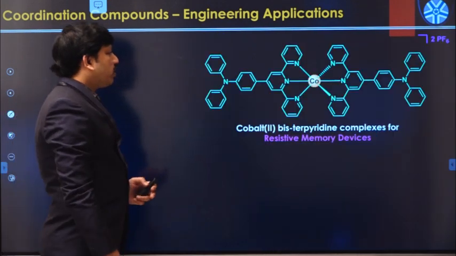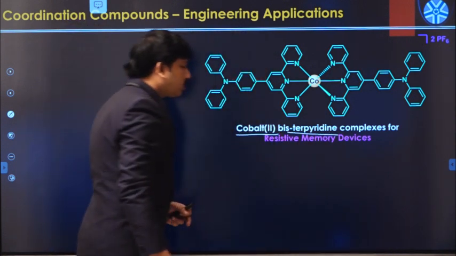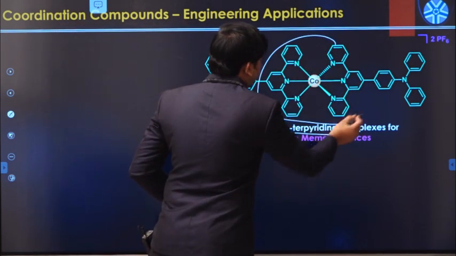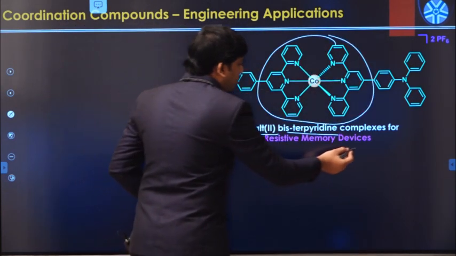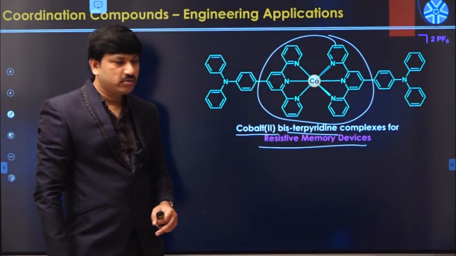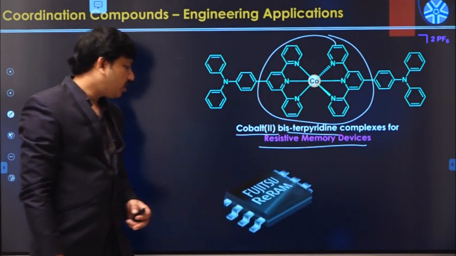And the last one: here we have cobalt(II) bis-terpyridine complexes. This is a specially designed cobalt complex, and it is mainly useful for making resistive memory devices. What is the meaning of resistive memory devices? The best example is the ReRAM device.